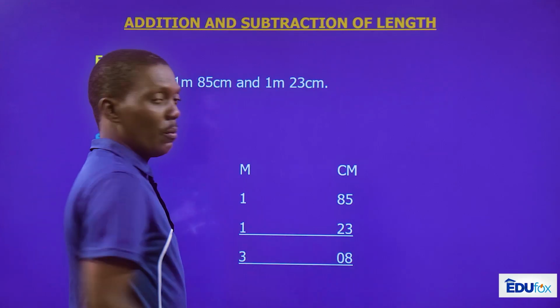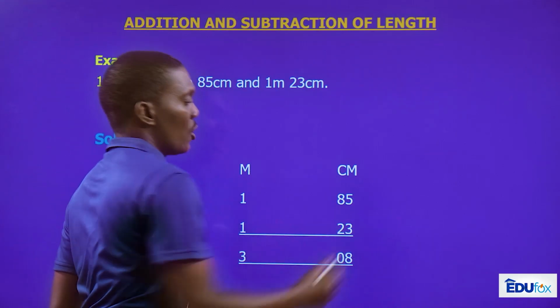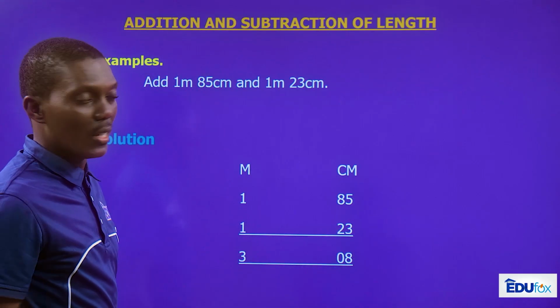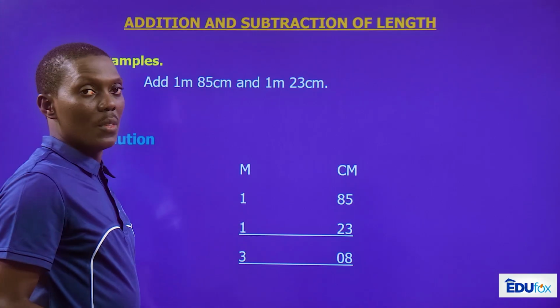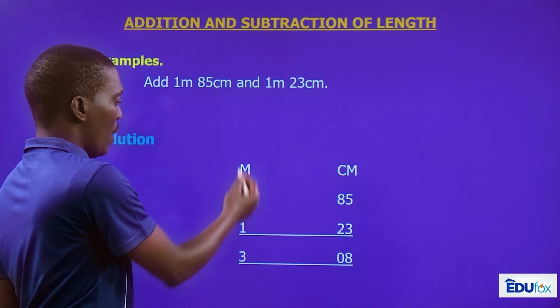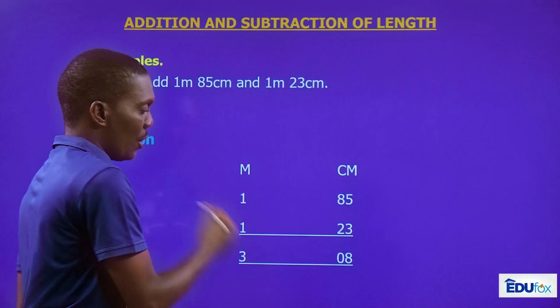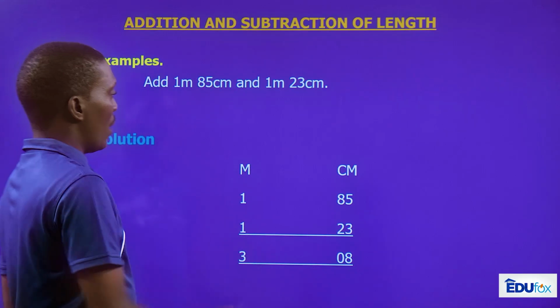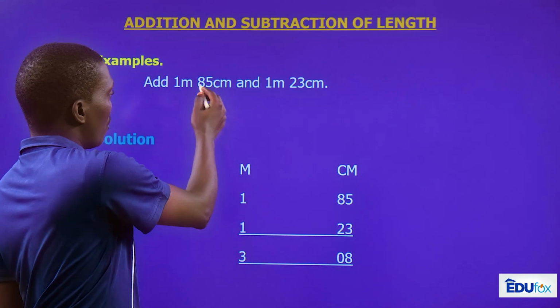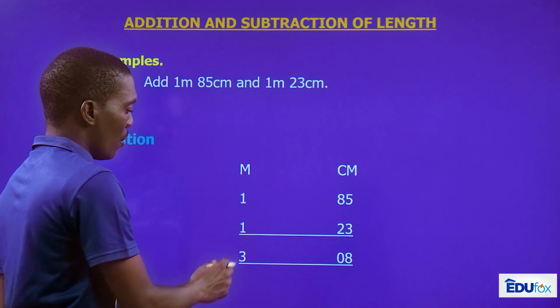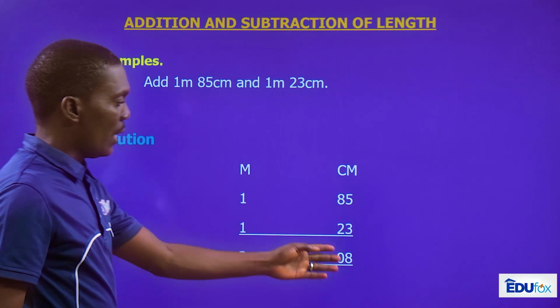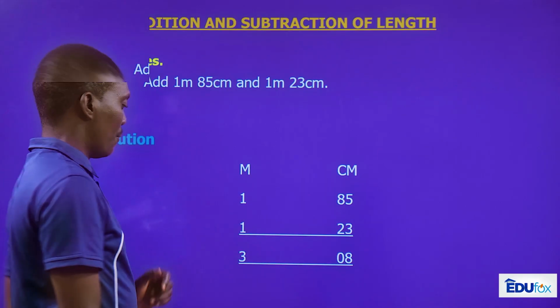And we have 8 remaining, and the 100 centimeter we removed is the same thing as 1 meter. So when we add all of them together, we have 3 meters here. So our final answer, as you can see, when we add this to this, gives us 3 meters 8 centimeters.